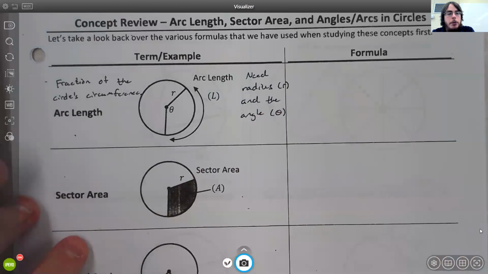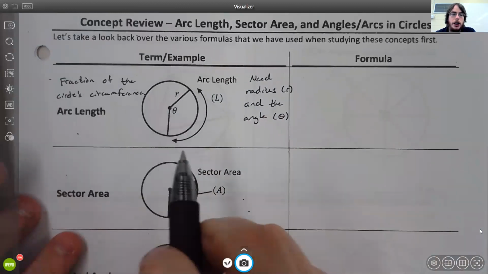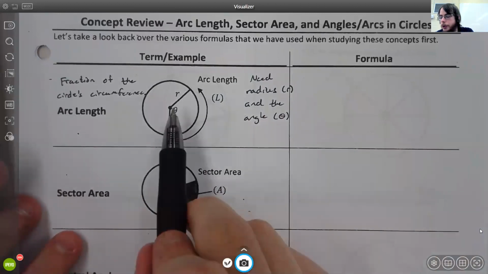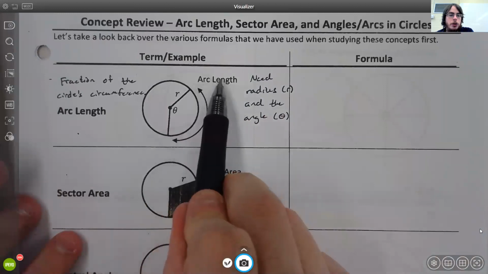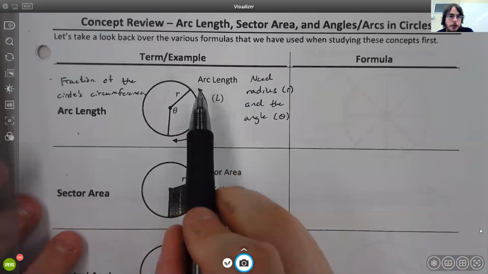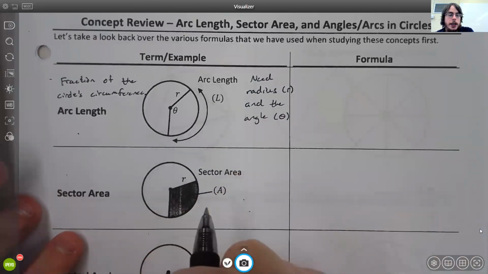Now that angle might be your central angle like it is here. The central angle and its arc are the same, or the arc could already be labeled with theta. But make sure that arc length is different from what the arc itself measures. The arc length is a distance, whereas the arc measure is a degree.